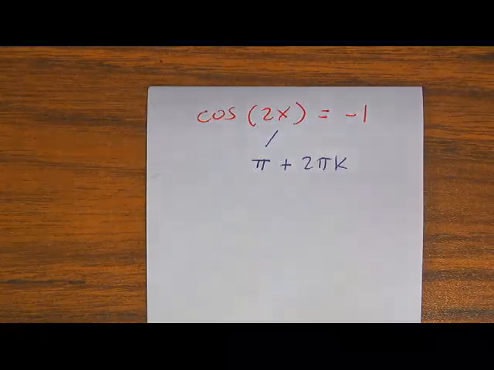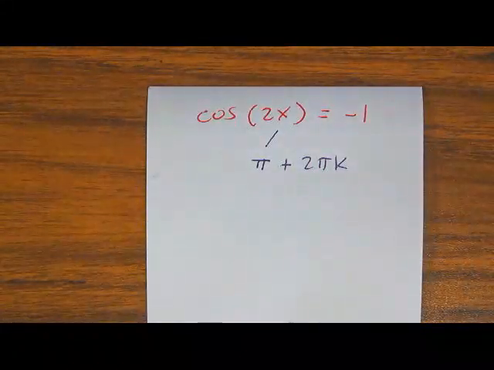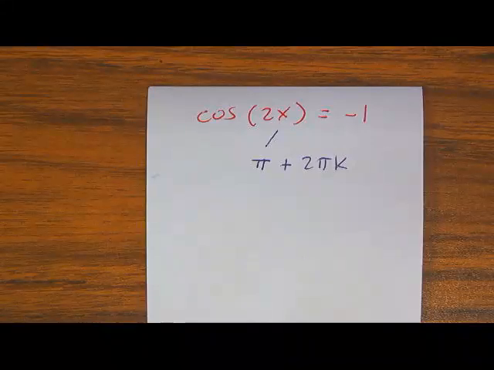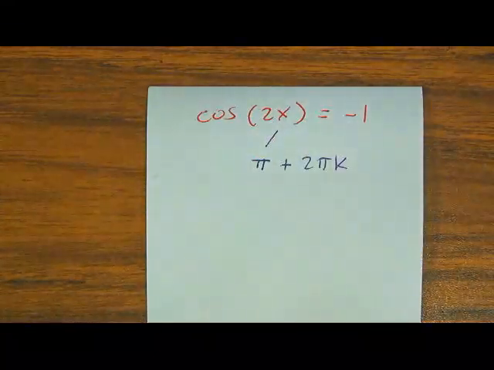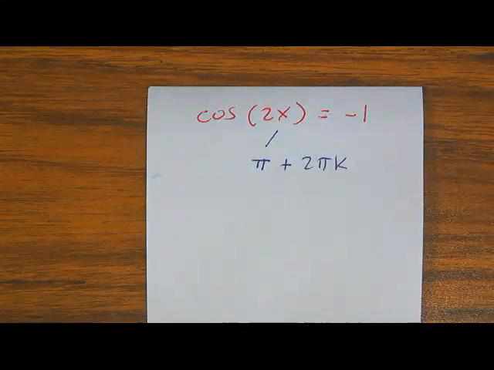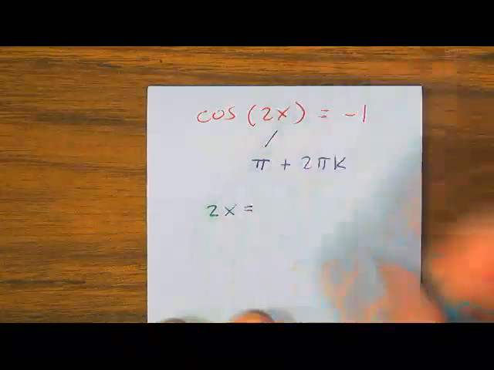Now, if I know that what's in the parentheses has to be pi plus 2 pi k, how do I set this up to solve for x? You almost got it.